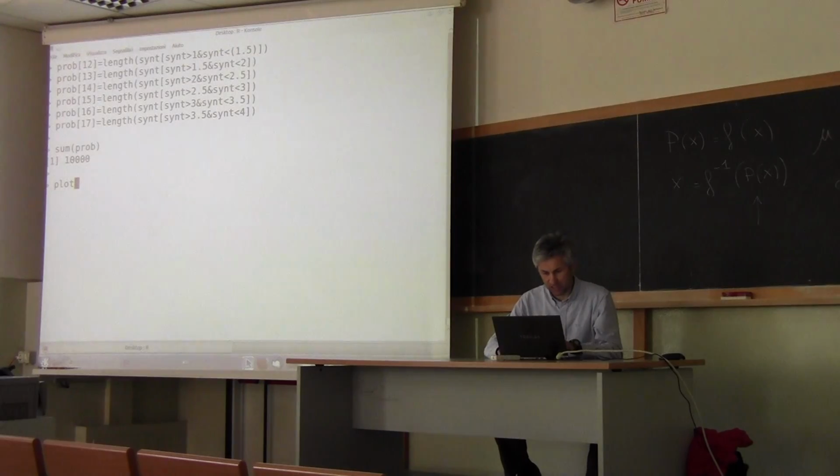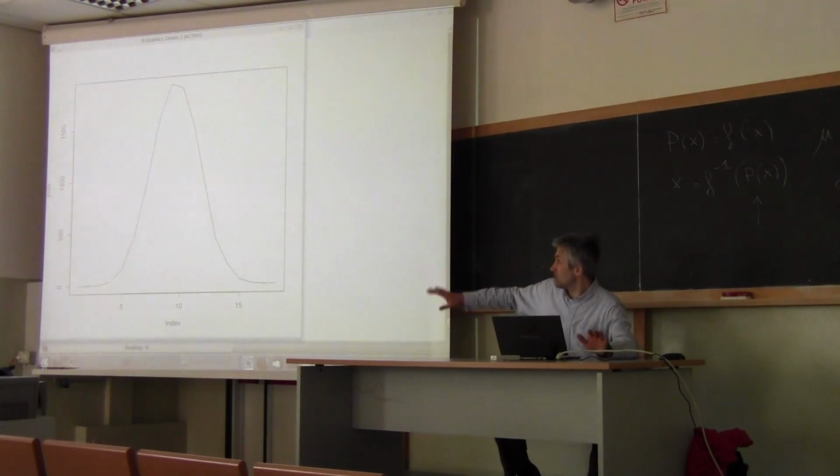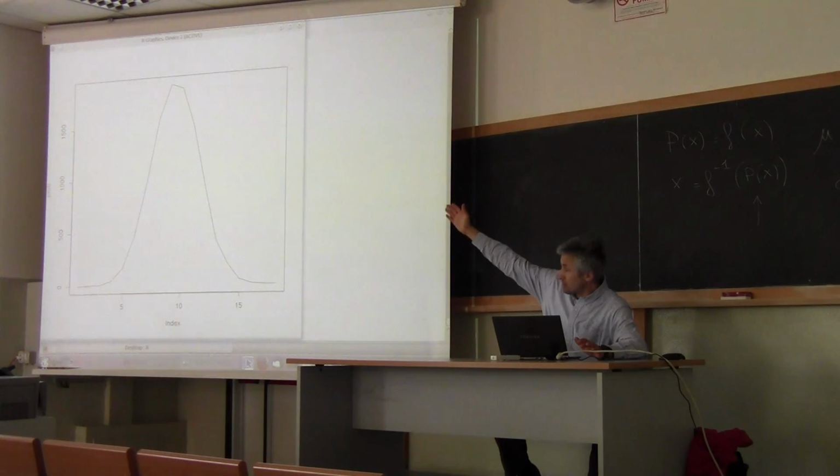Now let me see a plot of the vector probe, type equal line. And let's see what we get. You see, this is the bell that I depicted yesterday on the blackboard. Please have a look at the ordinates.